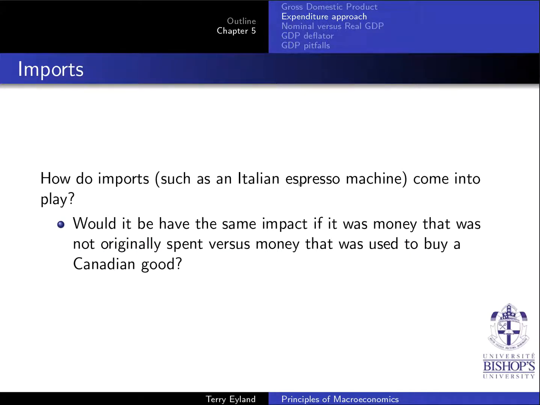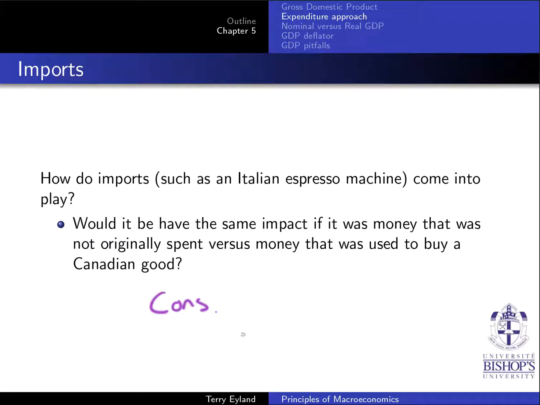How do imports such as Italian espresso machines or anything else come into play in terms of GDP? Well, would it have the same impact if it was money that was not originally spent versus money that was used to buy a Canadian good? Yes, because if we think about that, like we said, buying any of these goods will have an impact on consumption.